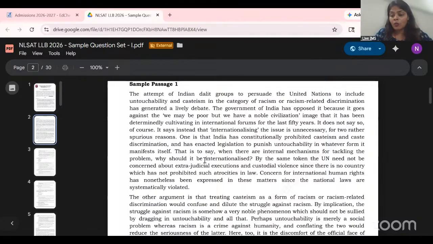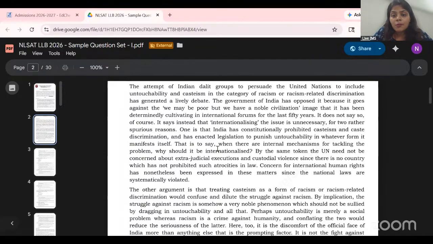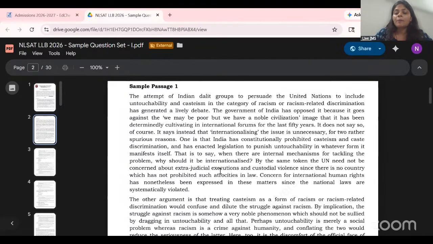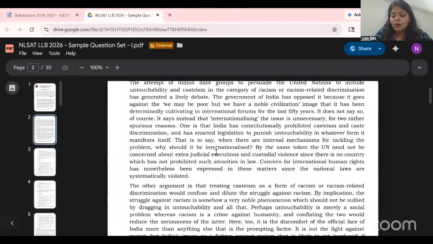So when we go forward and start reading this first passage, it is talking about casteism and racism. It is talking about whether we should internationalize casteism as an issue. Here, the author also mentions that untouchability and casteism should not be highlighted separately, because it is something already covered in racial discrimination.